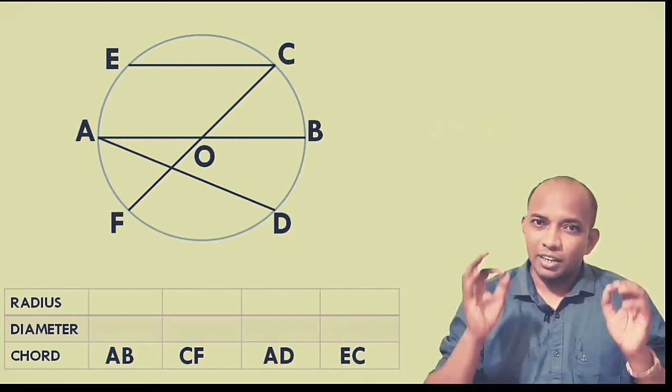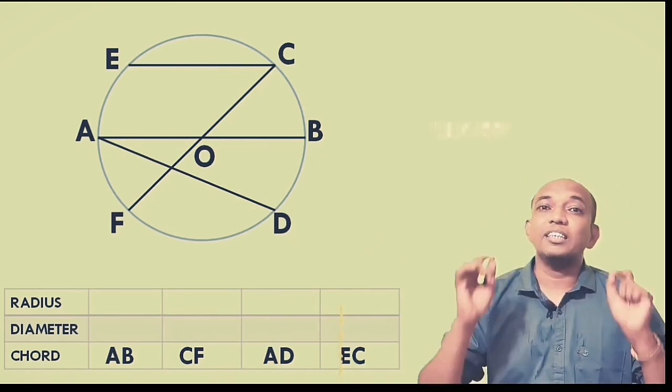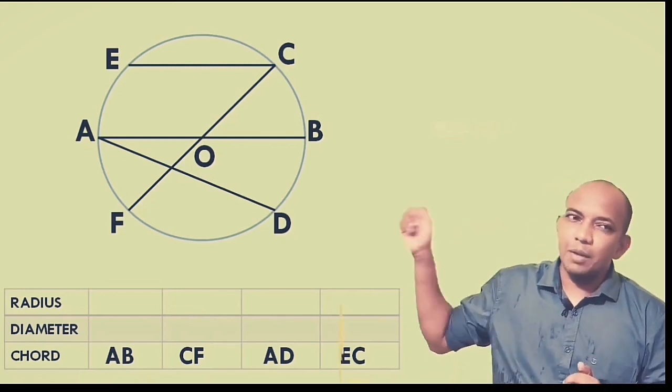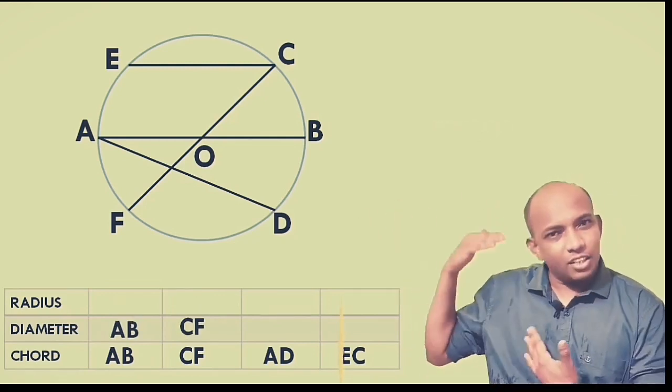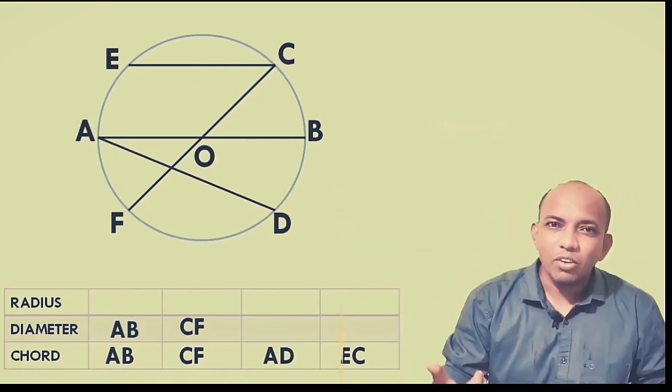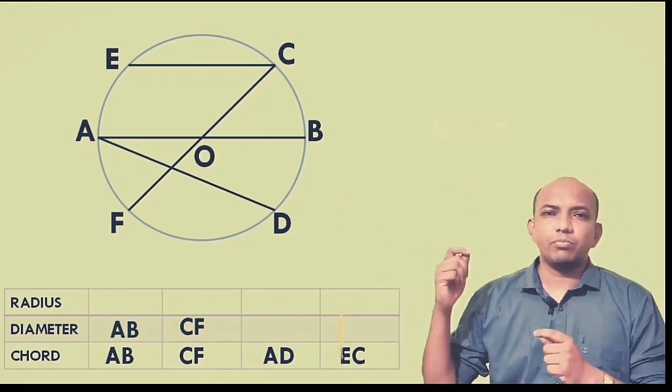Diameter is also a chord, keep it in mind. Diameter is the largest chord present in the circle. So we can say AB and CF are there in the chord section and also in the diameters section, correct. Now let's have a look at the radii present in the circle.